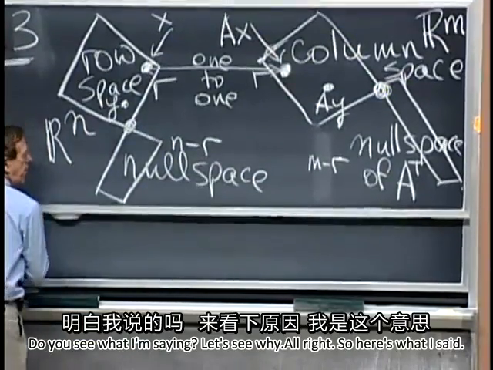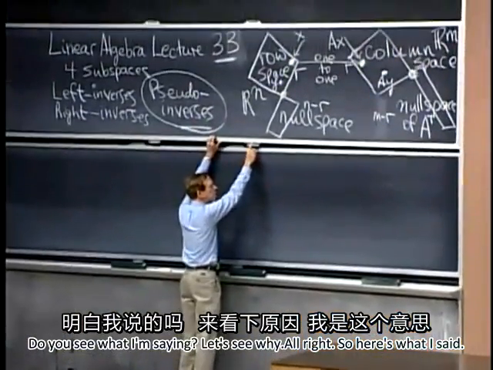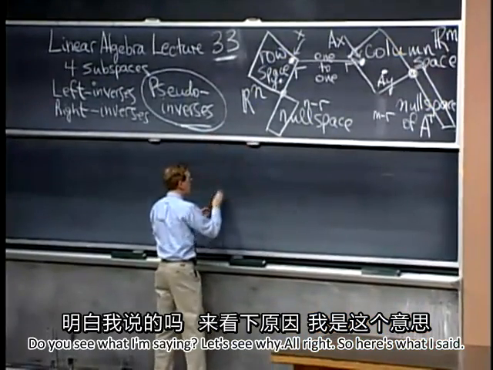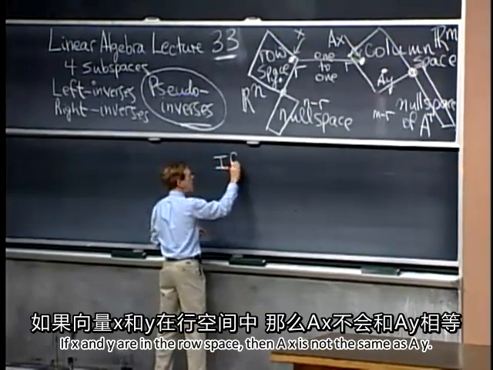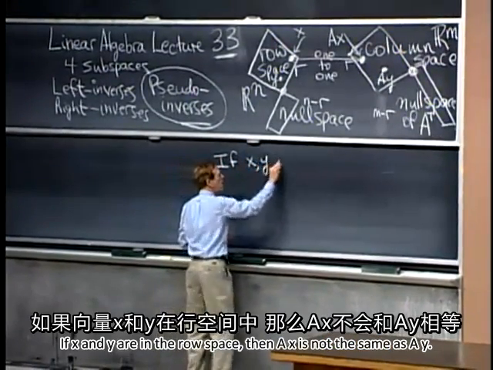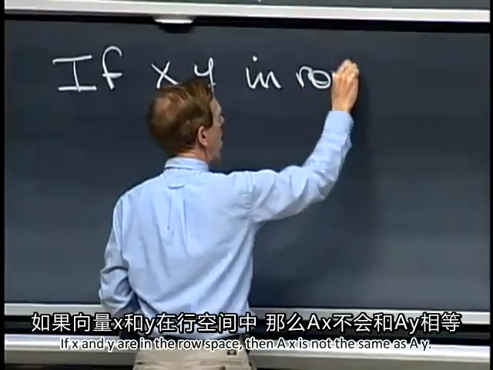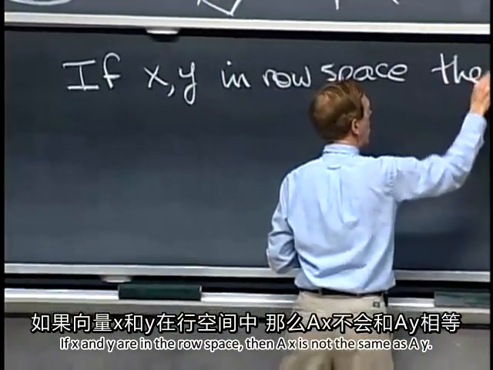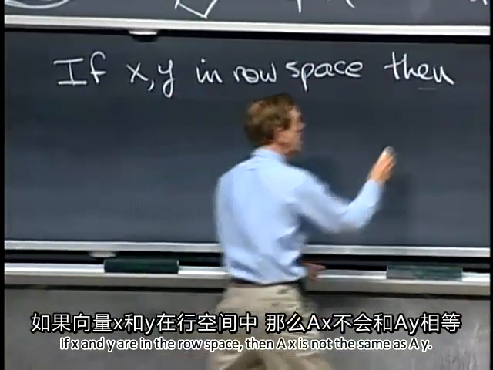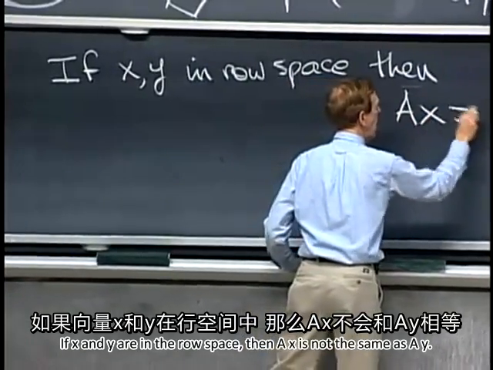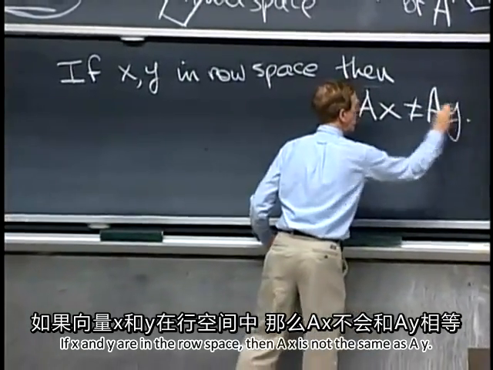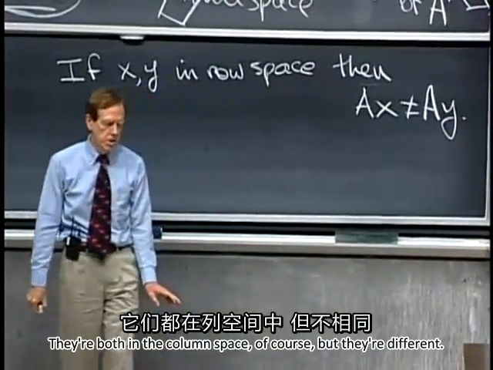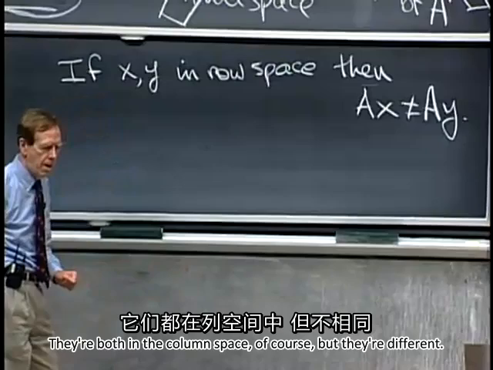Let's see why. All right, so here's what I said. If x and y are in the row space, then Ax is not the same as Ay. They're both in the column space, of course, but they're different.